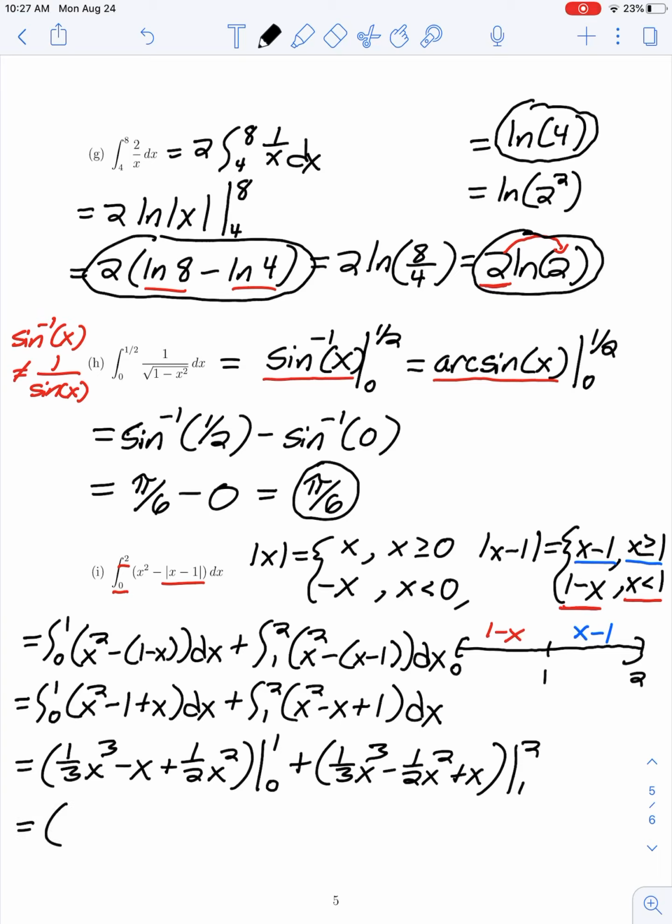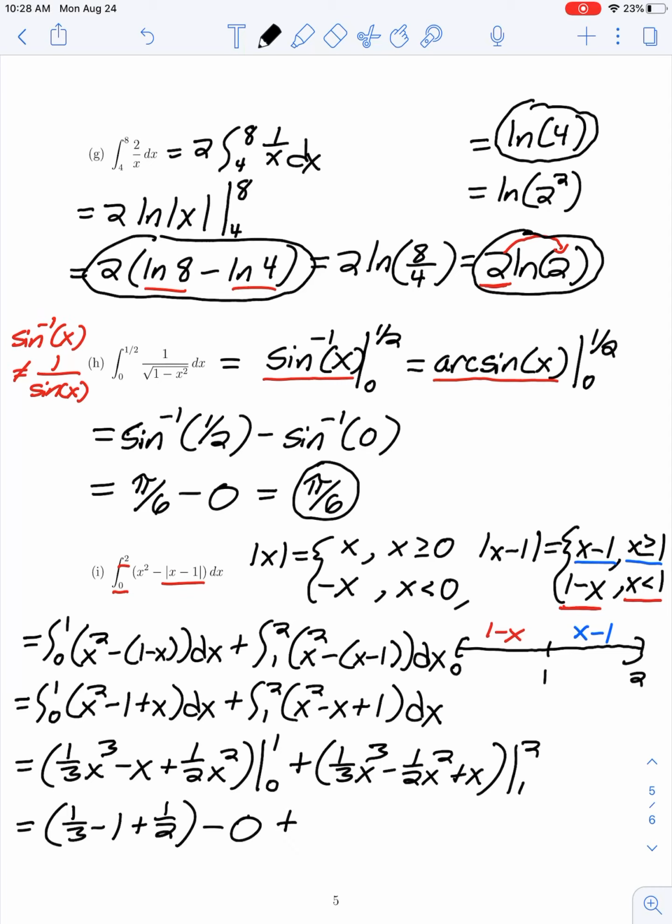So for our first antiderivative, we substitute the upper limit of integration, 1, in place of x, which gives us 1/3 minus 1 plus 1/2. And then we subtract the value that we get by substituting 0 in for x, which would be 0.